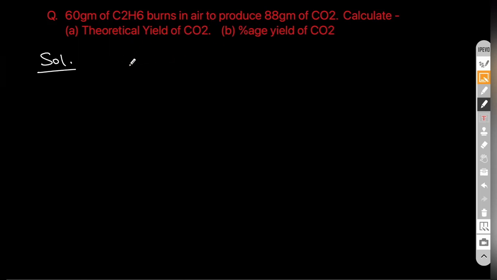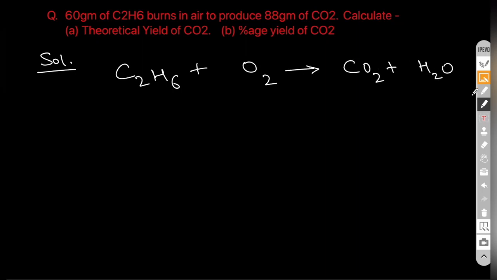Here first we'll write the reaction: C2H6 burns in air. For air we'll simply write O2, and it forms CO2 and water. Balancing the reaction, first balancing carbon atoms, then hydrogen and then oxygen. Here there are 7, so 7 by 2.